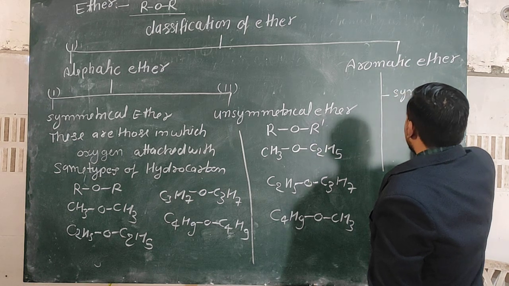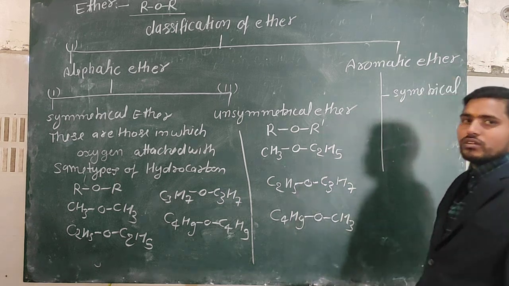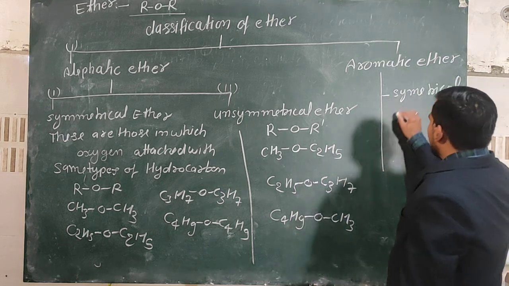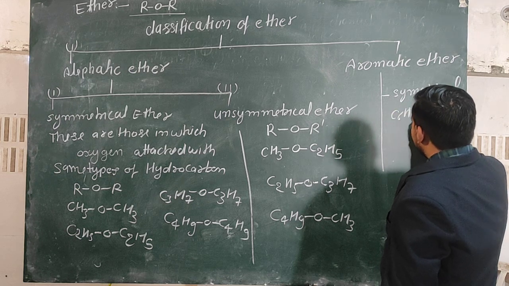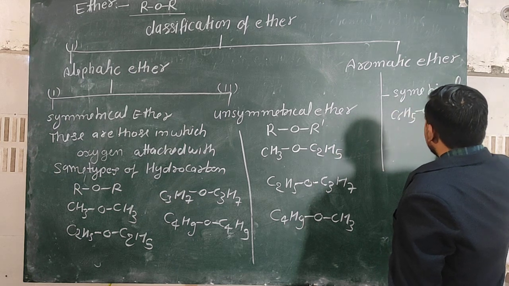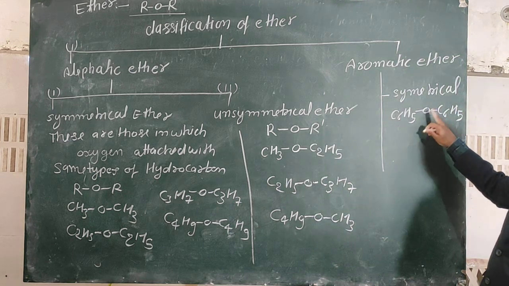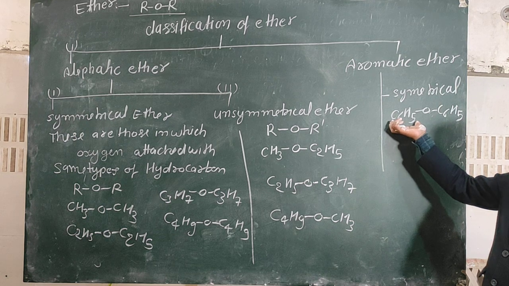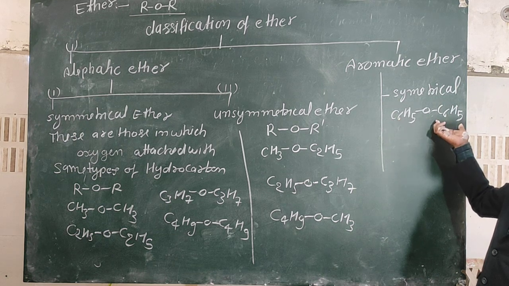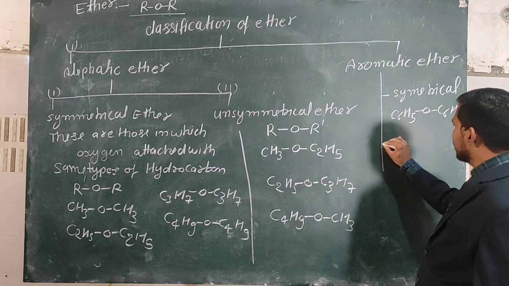First is symmetrical ether, like C6H5OC6H5. If oxygen is directly bonded with two phenyl groups or benzene rings, then it is known as symmetrical ether.